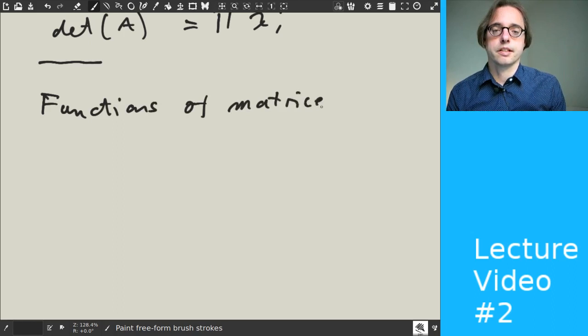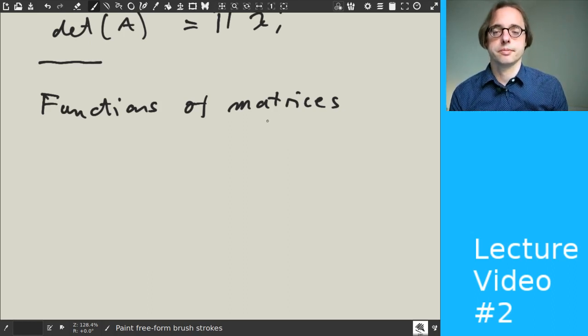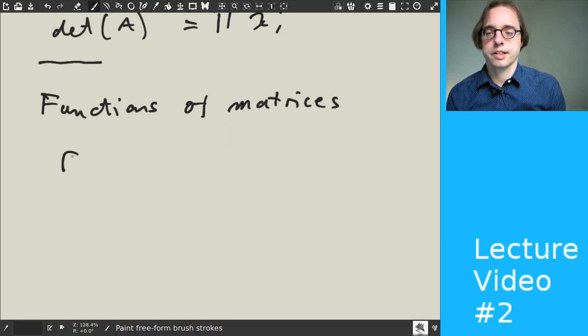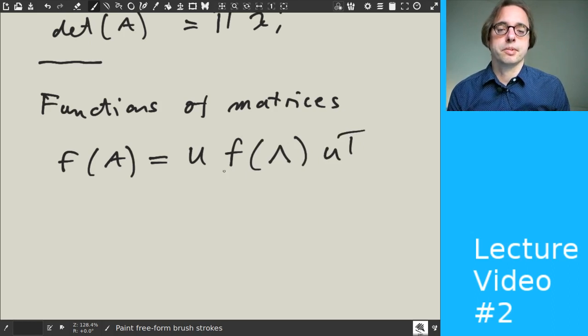And we only look at a special type of matrices, namely the symmetric real ones, so the easy ones that we can handle with the eigenvalue decomposition, and that lead to real eigenvalues and not complex eigenvalues. So we have a function f, and we would like to apply it to A. Turns out all we need to do is the eigenvalue decomposition, and then we apply the function on the eigenvalues. And then we basically put the thing together again.